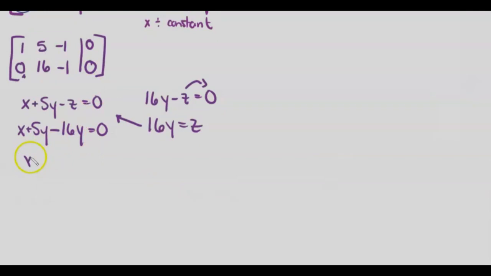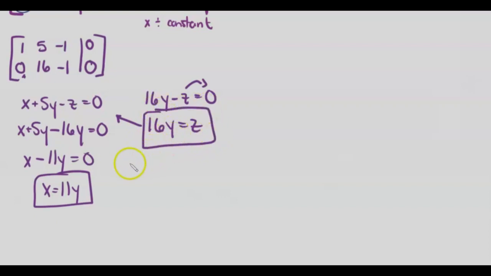So 5 minus 16 is negative 11y. Okay, so x, I think I said y, x. So x equals 11y. And we have z equals 16y.